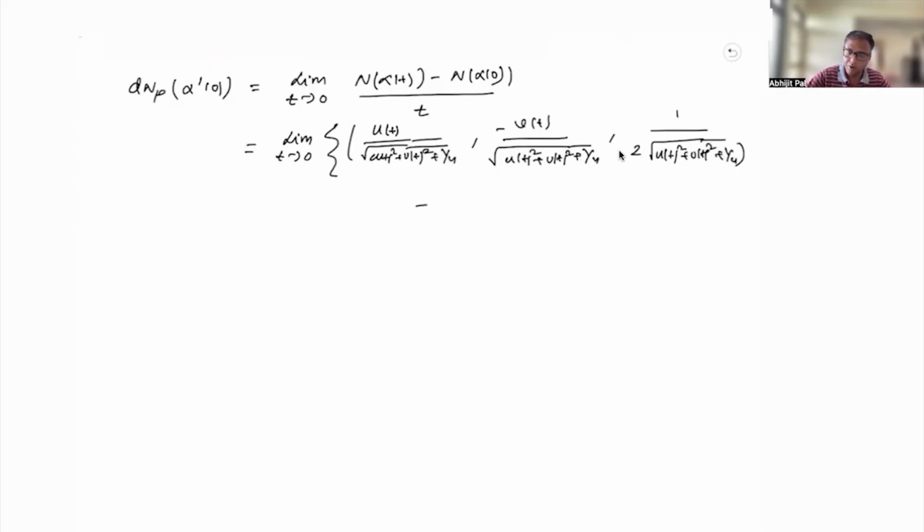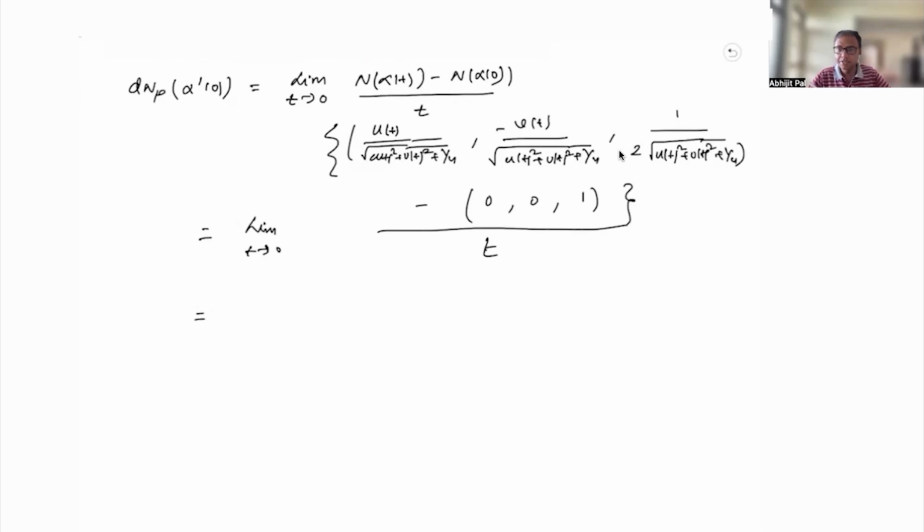Alpha 0 is my origin, so the first coordinate will be equal to 0 because u0 is 0 and v0 is 0, and the last will be equal to 1. The whole thing is divided by t, and then I take the limit as t tends to 0.